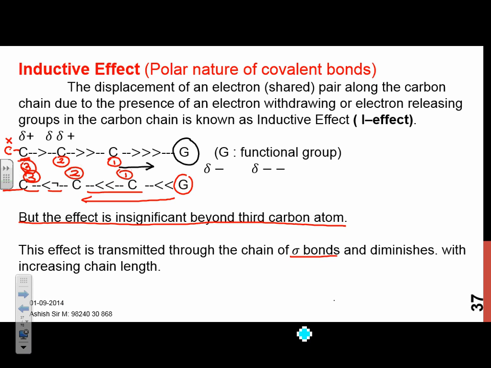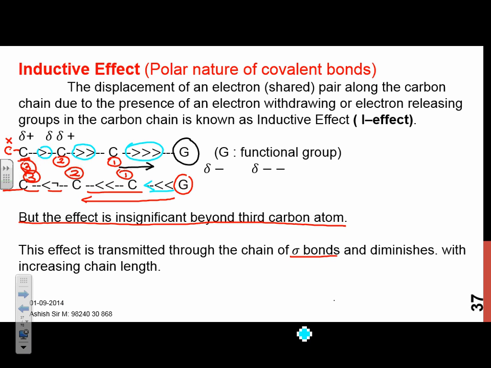Diminishes का मतलब है it's okay, after a certain carbon it diminishes. There are two meanings we can take. First meaning, it slowly decreases. You may see over here. Suppose here the force of pulling is 3 times, then it becomes twice and then becomes 1. Slowly it decreases as the distance increases. You can see it over here also.